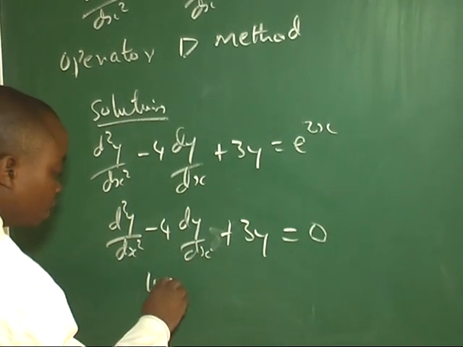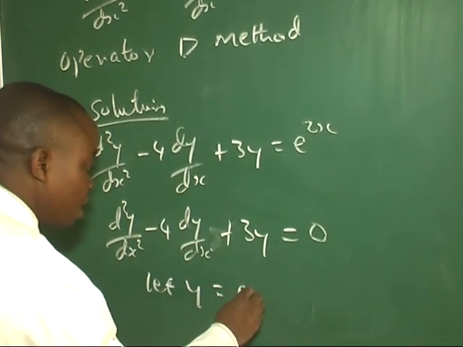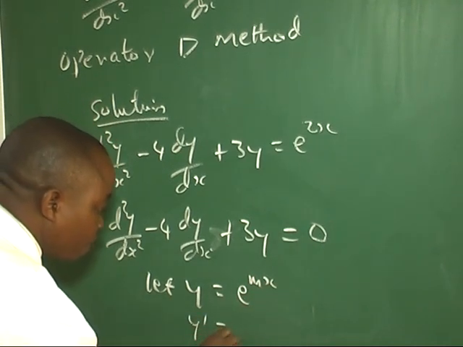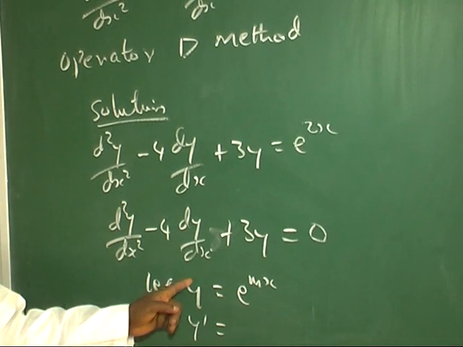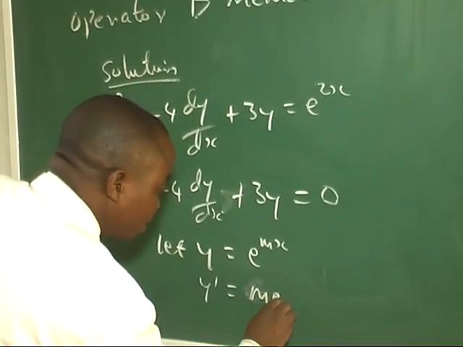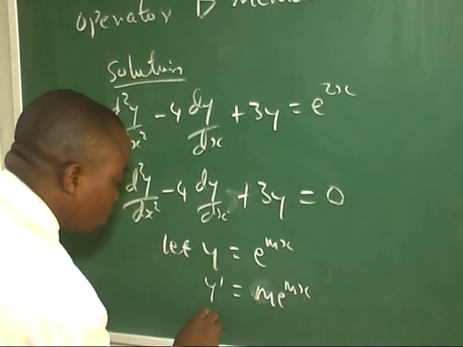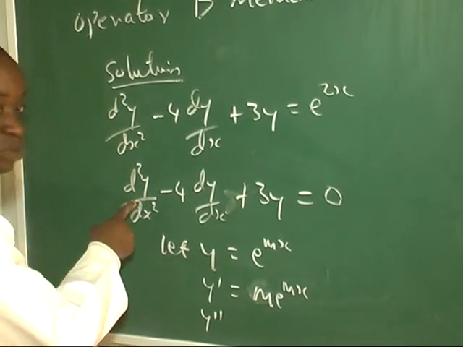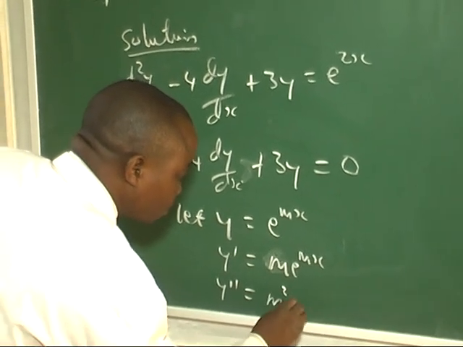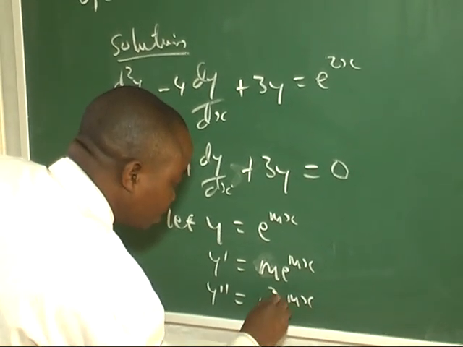Now let y be equal to exponential mx, so that y prime, that is dy/dx, will be m exponential mx. So y double prime, which is d squared y over dx squared, will be m squared exponential mx.